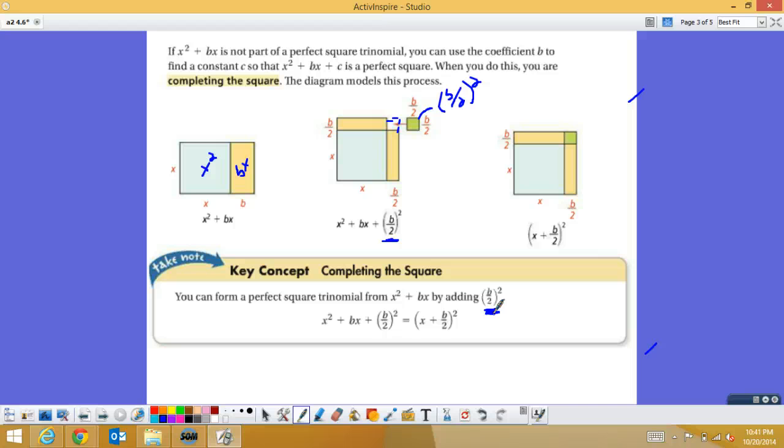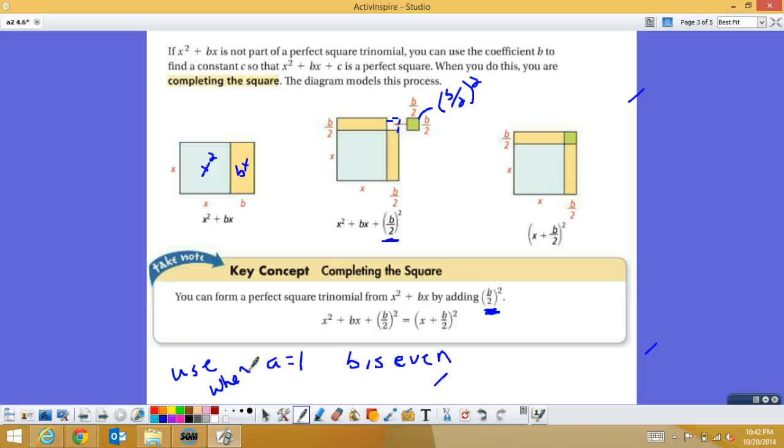So we're going to take a look at a couple of actual examples here, and that's just kind of a visual. Now, this particular method I would only use when a is 1 and b is an even number. If that's not the case, I would not use completing the square as a method to solve these quadratic equations.